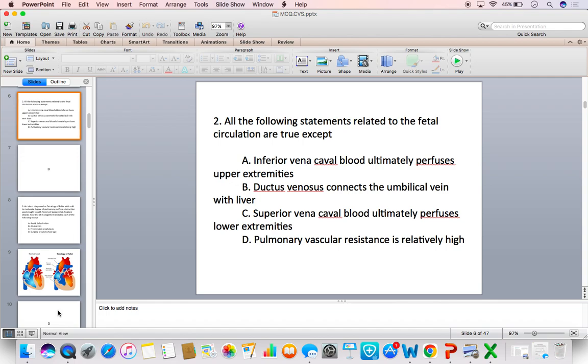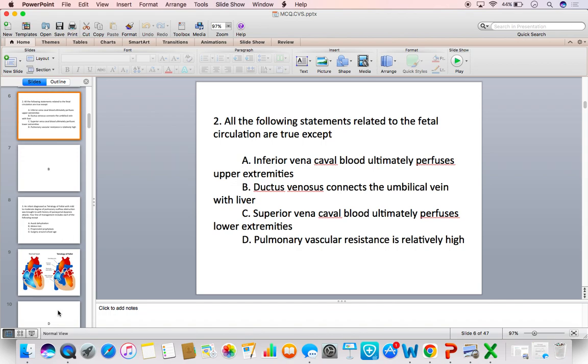Because of the high resistance in the pulmonary circulation, the blood from the pulmonary trunk goes into the descending aorta through ductus arteriosus. And ultimately supplies the trunk and the lower extremities. And that's how the superior vena cava blood in the fetal circulation perfuses the lower extremities. You got the explanation? Yes, that's how it is.